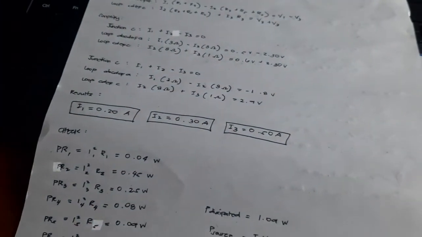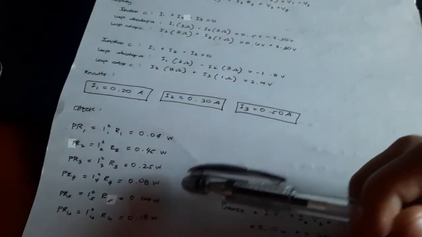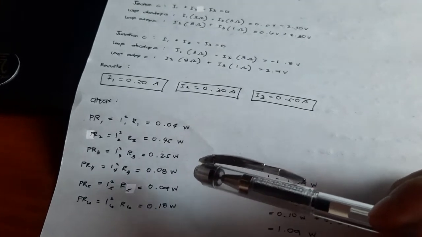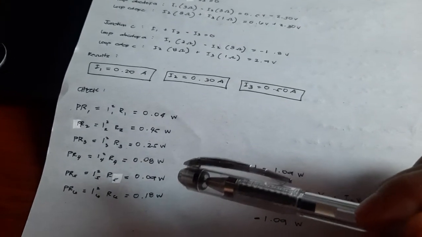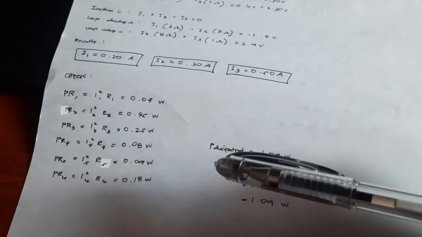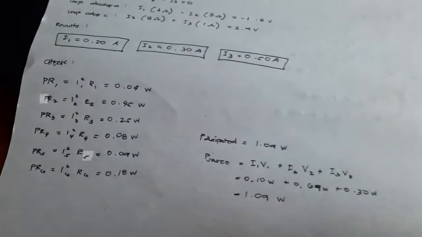Then ang PR2 which is 0.45 watts, PR3 is 0.25 watts, PR4 0.08 watts, PR5 0.09 watts, PR6 0.18 watts.